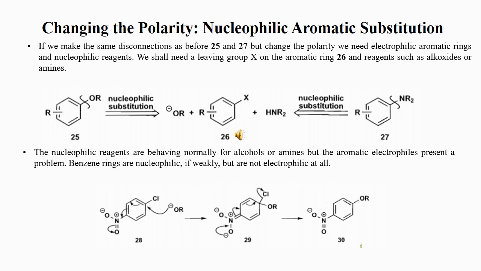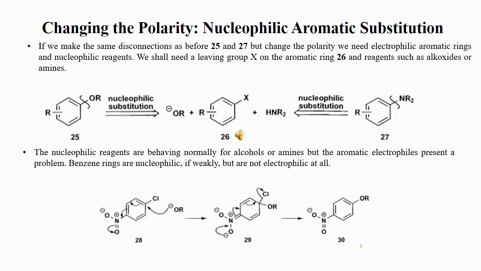So a leaving group is needed, and the other synthon, from 25 is OR negative, and from 27 is aniline or derivatives of aniline.